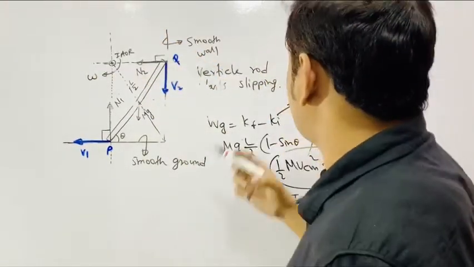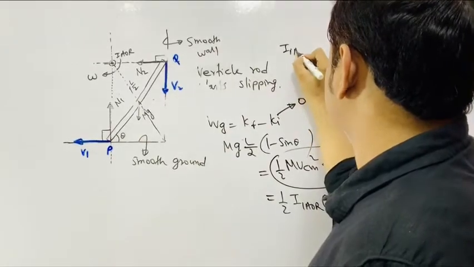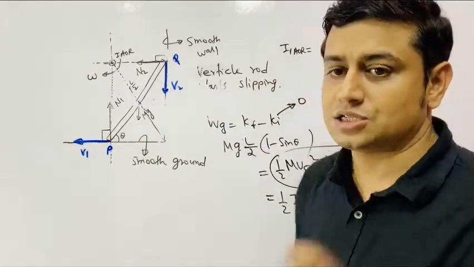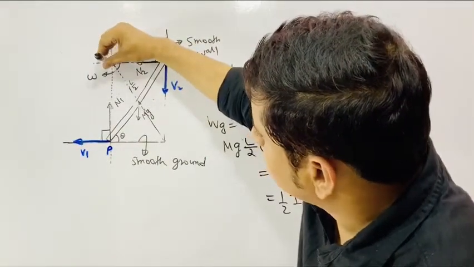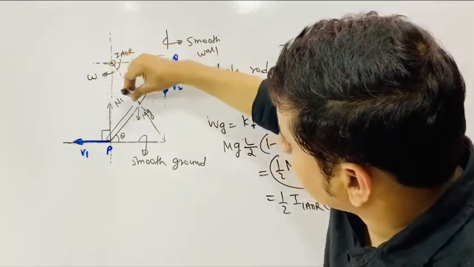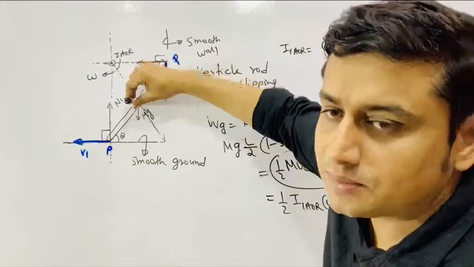I would get I about the instantaneous axis of rotation according to the parallel axis theorem. I about the instantaneous axis of rotation is equal to, draw an axis parallel to this and passing through the center of mass, this ml square by 12.